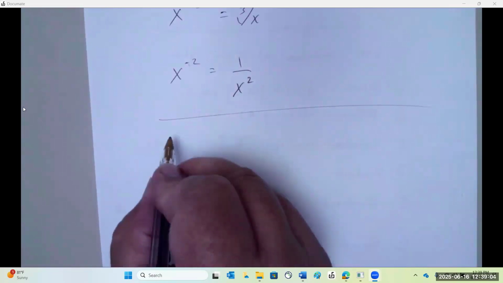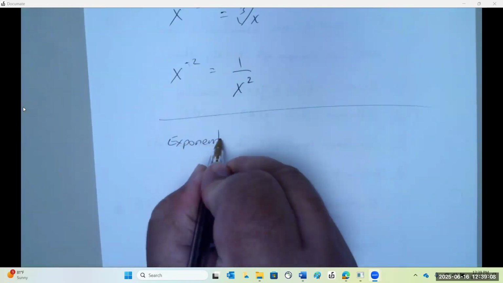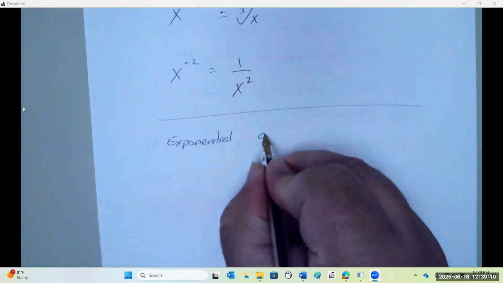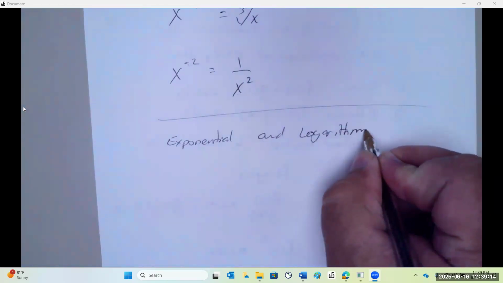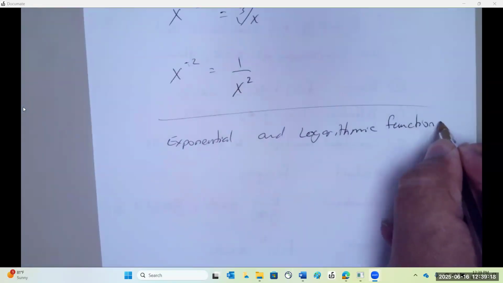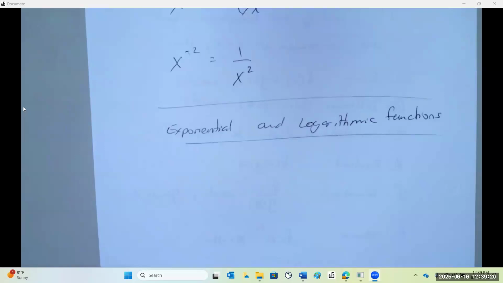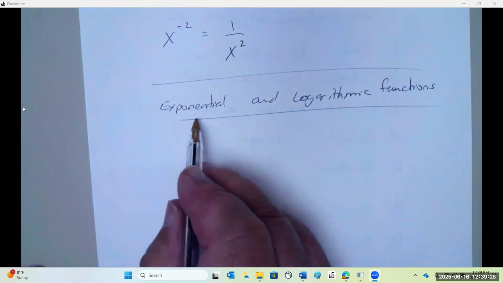And how about exponential functions? What about those too? What does an exponential function look like?